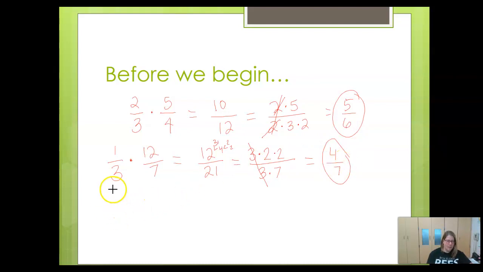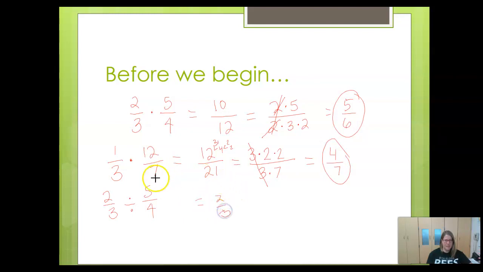Okay. Now when you divide two fractions, so if I do 2/3 divided by 5/4 instead of times 5/4, what ends up happening is that dividing by a fraction is actually the same as multiplying by the reciprocal. So the first fraction is going to stay the same.